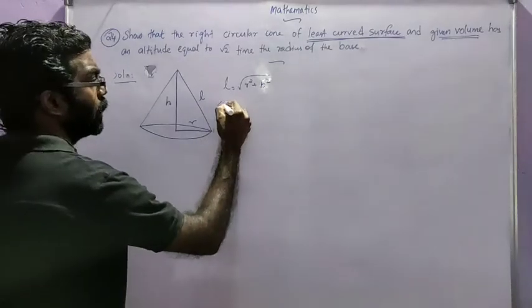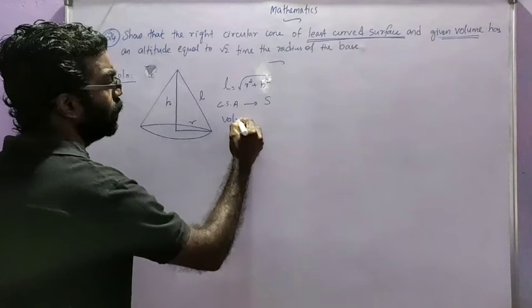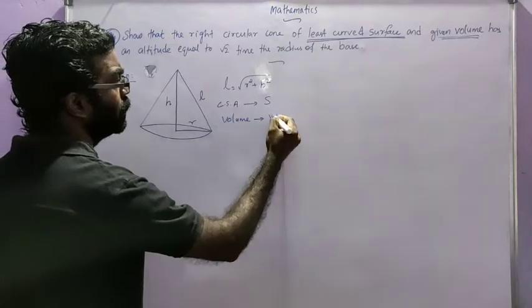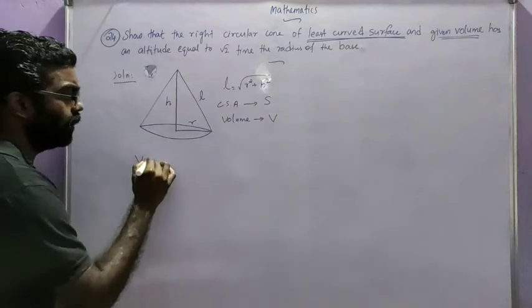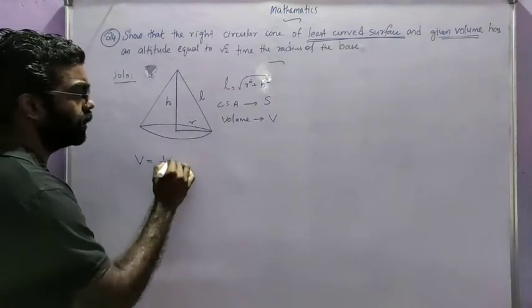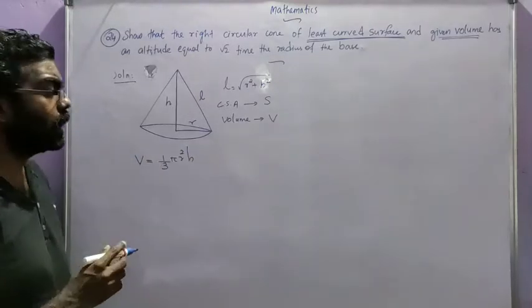Let us take the curved surface area as capital S, and the volume as capital V. First of all, we can write the volume. Volume of the cone is 1 by 3 pi r square h.